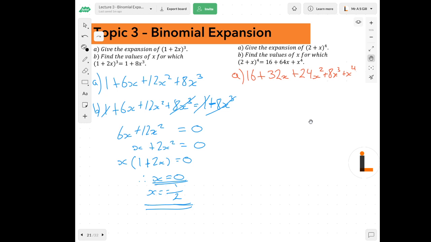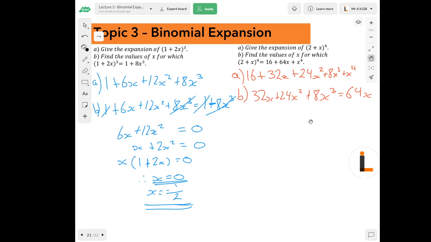We should get 3 solutions for this question here. So, when we equate both of these things, we should be able to cancel out the 16 and the x to the 4, and we'll be left with 32x plus 24x squared plus 8x cubed is equal to 64x.